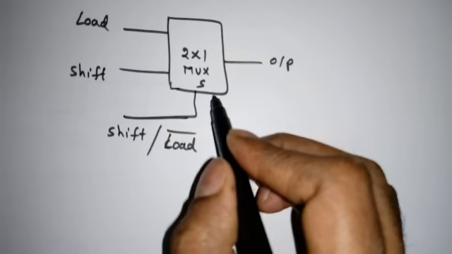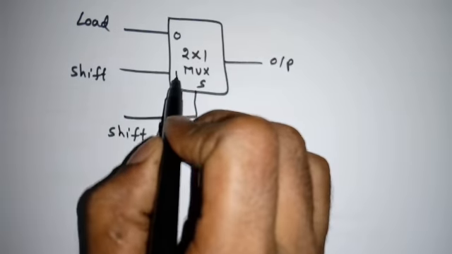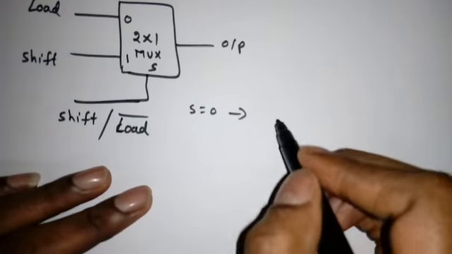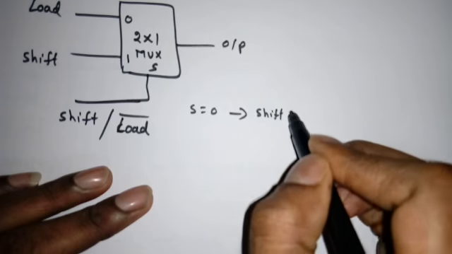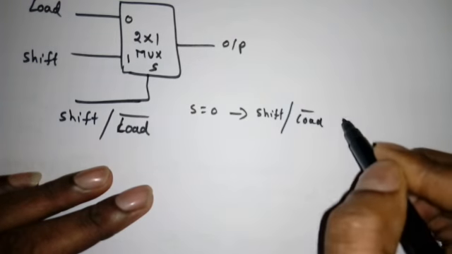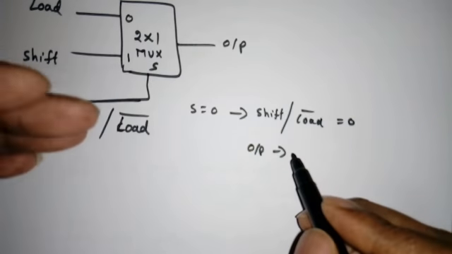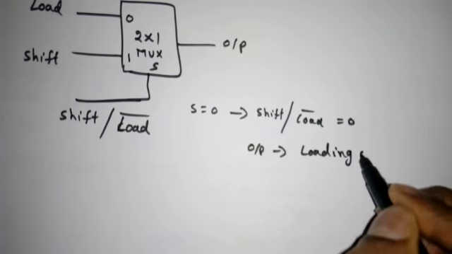Now, very simple. Here we have to give the numbers, that is 0 and 1. When S is equal to 0, it will select the load operation. So when shift or load bar is equal to 0, what is the output? It will perform the loading operation.